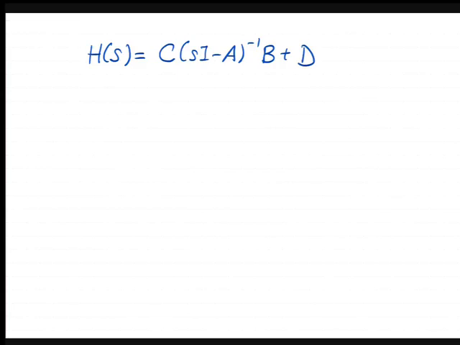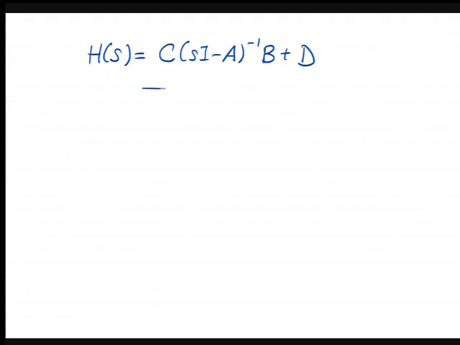So A is n by n. So the matrix in the middle that I'm inverting is n by n. C is 1 by n. B is n by 1. So that multiplication gives me a scalar. Right? All right.